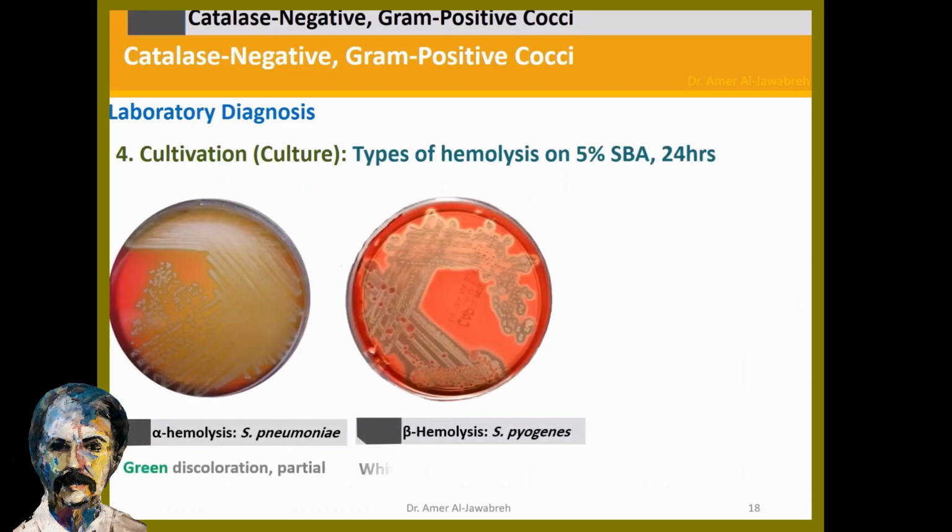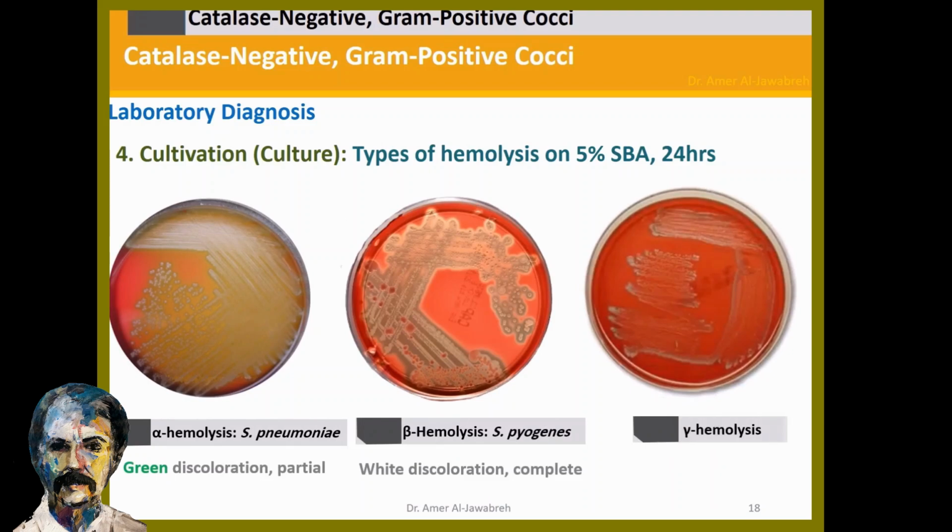Again, I am not bored of this. I am showing you again the 3 hemolytic patterns. Hemolytic pattern 1 is alpha, partial, color green. Alpha hemolysis, Streptococcus pneumoniae as an example, is partial hemolysis, and the color is green. Very good. The second one, beta hemolysis. Very nice.